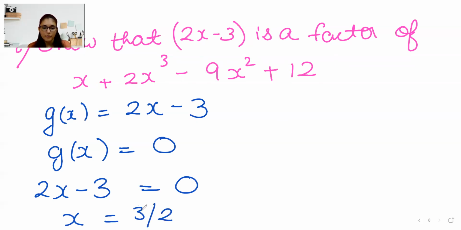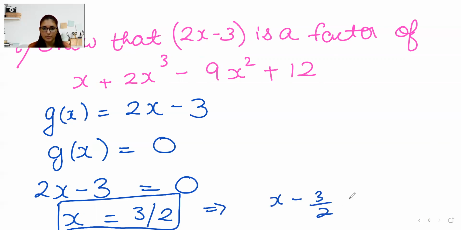Or you can write it this way: x minus 3 by 2 is 0. So what is a? a equals 3 by 2. This is our a.